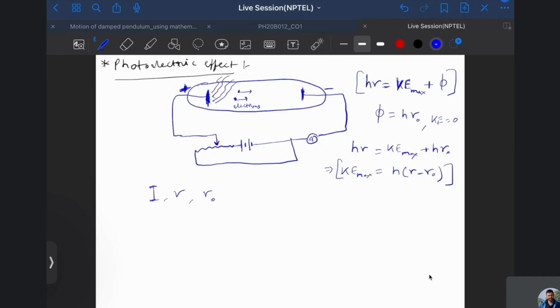It's behaving as a particle carrying energy h mu, which when struck on a metal, delivers all its energy to an electron, instantly, and then the electron comes out of the metal with kinetic energy K.